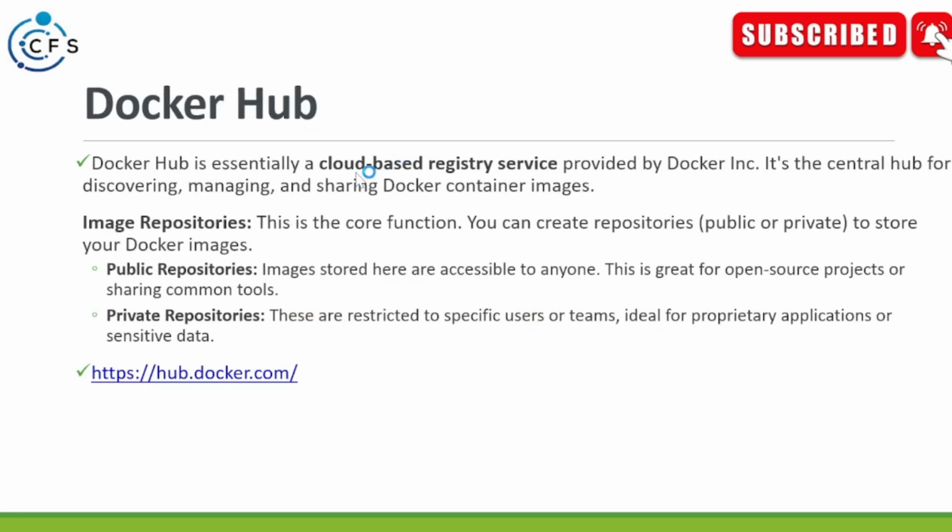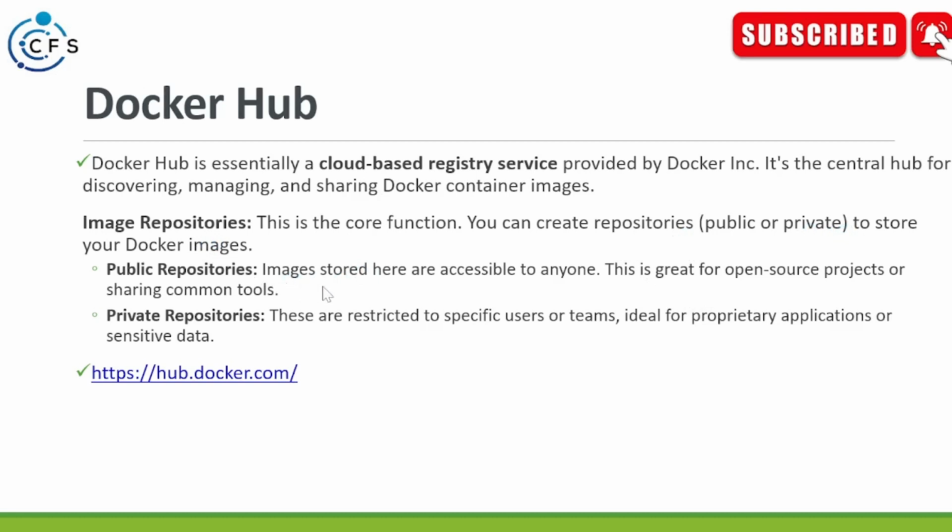So where exactly does Docker Hub come into the picture? Docker Hub is essentially a cloud-based registry service provided by Docker. It's a hub for discovering, managing, and sharing Docker container images. Basically, it's a kind of repository. If you create an image, you can put it there, so anyone within your company or outside the company can go and refer to it. Images can be stored as either public or private.